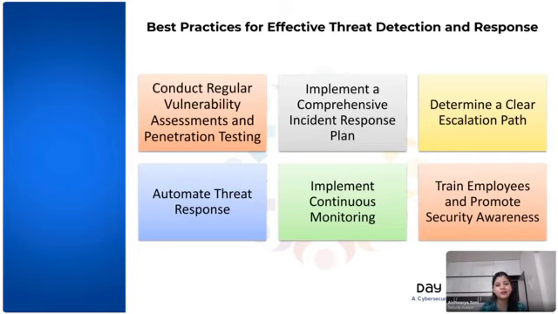If it is an issue related to firewall, or an issue related to identity, we need to identify that and escalate it to the proper team immediately, without wasting time and without making that threat spread.